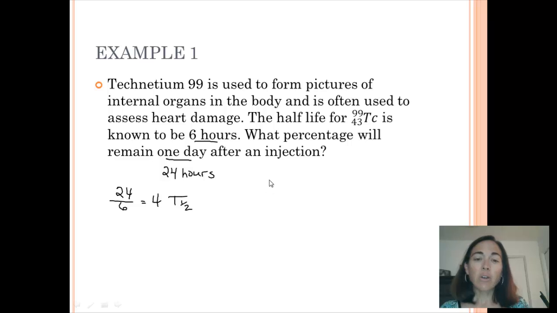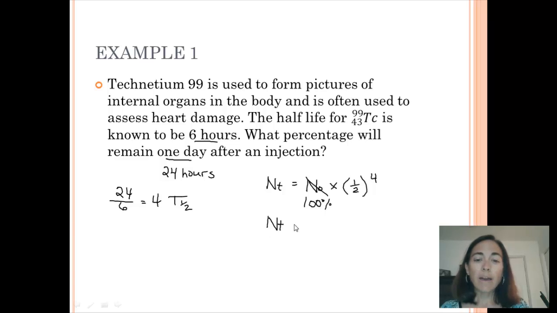Now, if I use the formula that I gave you earlier, to find the percentage remaining, we are going to multiply by 1/2 to the 4th power. All I need to do is plug in my original amount here. I'm going to plug in 100% because that's the amount that I started at time 0.